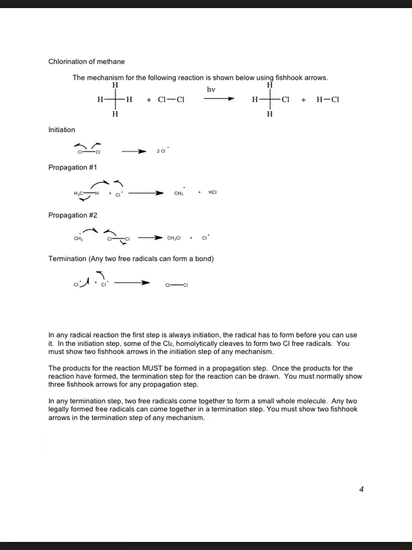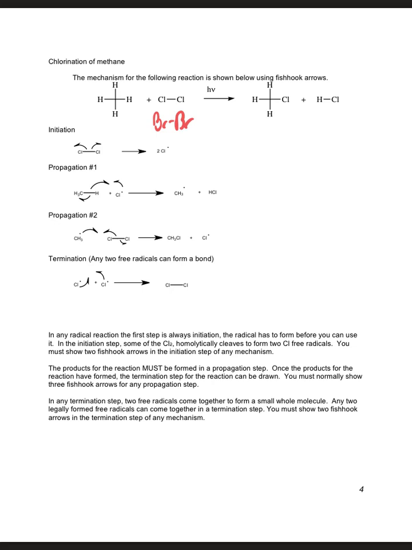So we know the mechanism for the free radical chlorination or bromination, it doesn't matter which one. In this, the one we usually use in class is with the bromine-bromine bond instead of the chlorine-chlorine bond, because the bromine free radical is much more selective in how it does things than the chlorine one.